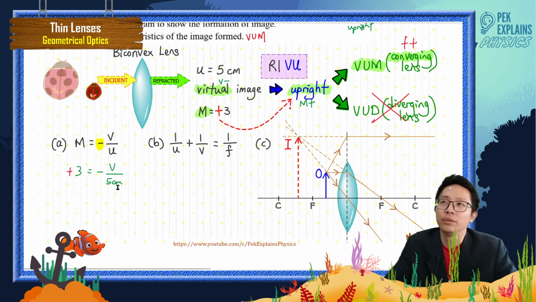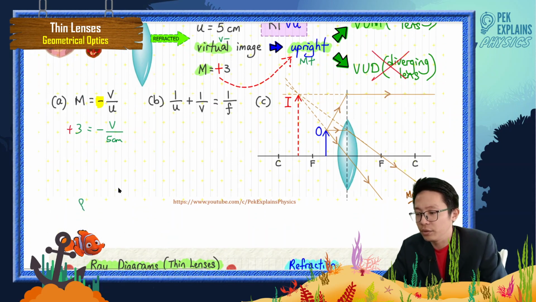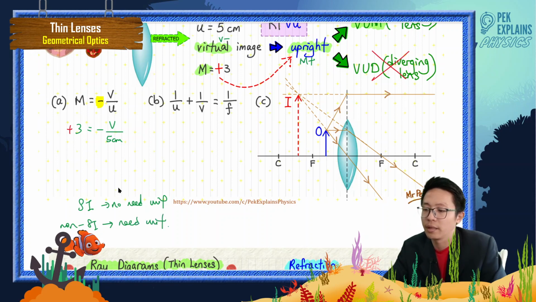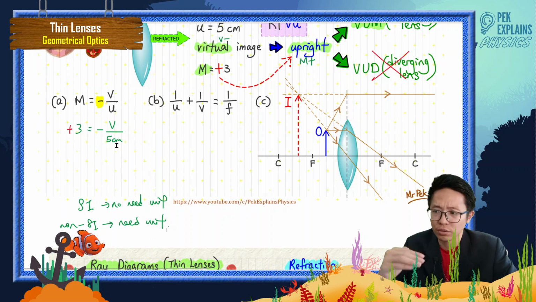But if you are not using the SI unit, like centimeter, you must substitute the unit. Understand? If you are using SI, no need to substitute unit. But if you are non-SI unit, you need to substitute unit. Understand or not? Because we want to make sure you maintain the correct value.